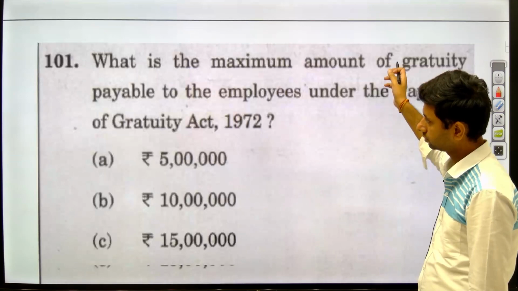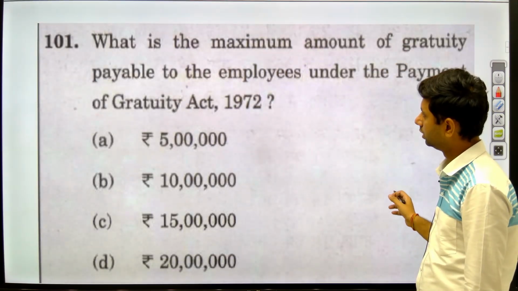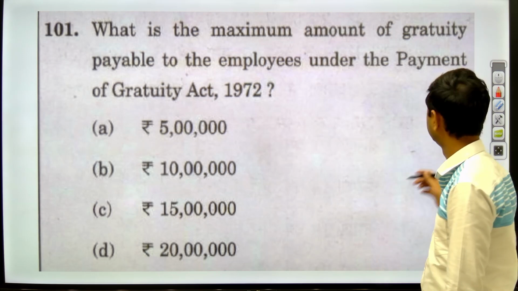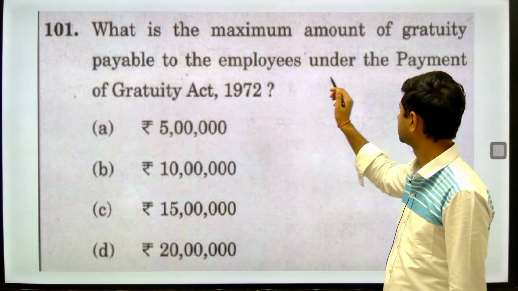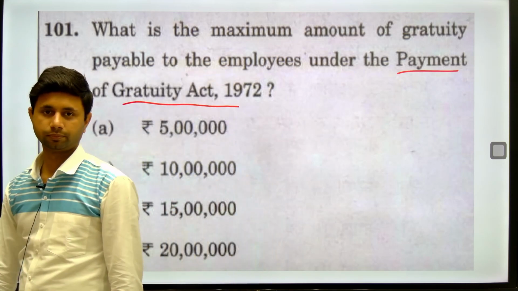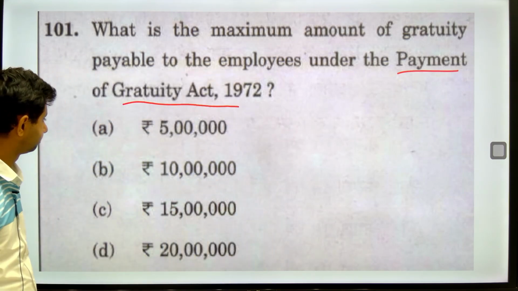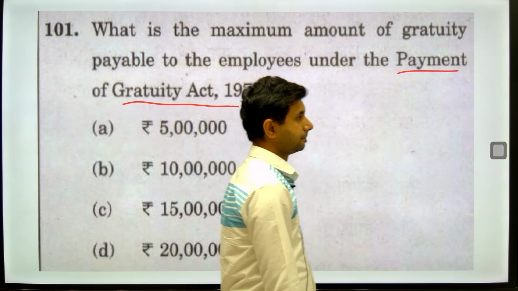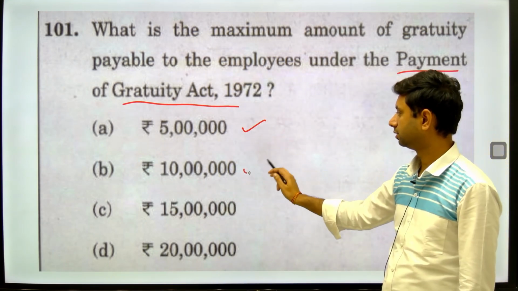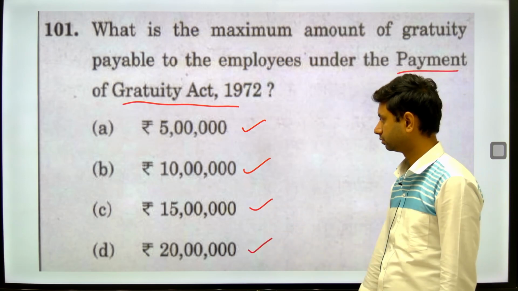Next question is, what is the maximum amount of gratuity payable to employees under the Payment of Gratuity Act 1972? Try to do this question. The options are 5 lakhs, 10 lakhs, 15 and 20.